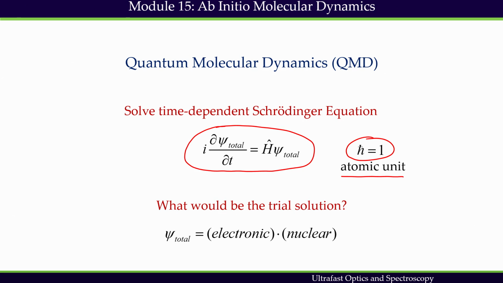Now, for this time dependent Schrodinger equation, the first point we have to clarify is what would be the trial solution for this.